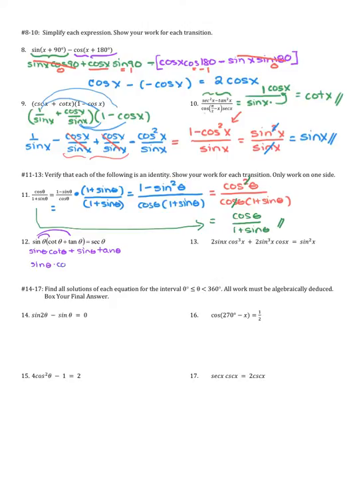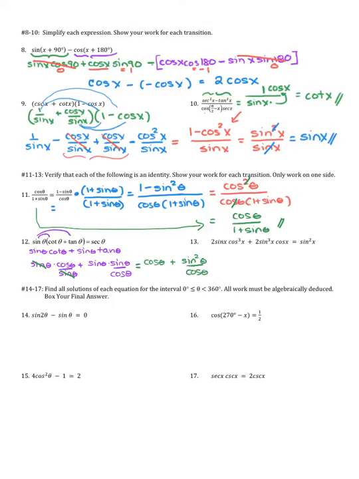So cotangent is cosine over sine, and tangent is sine theta over cosine theta. So let's see what we got here. This sine is going to cancel. So what I have so far is cosine theta plus sine squared theta over cosine theta.